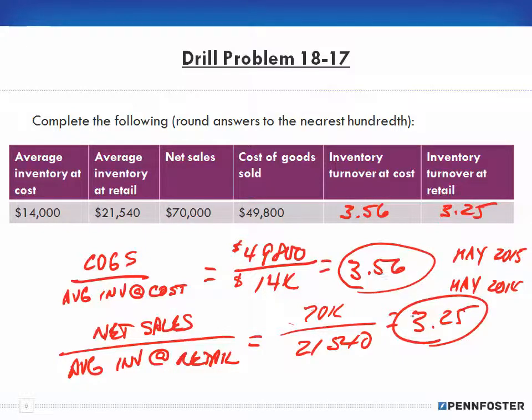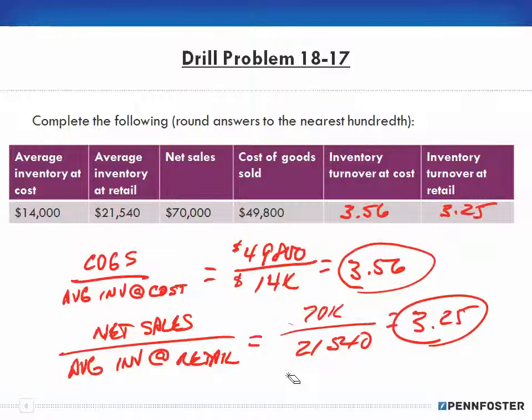Or I might use a year to date, with figures that go from January all the way through May, as a comparison. Obviously you want a higher number, because that means you're selling a lot more and turning your inventory over more and more, but it doesn't mean anything unless you're looking at it in comparison to something else.